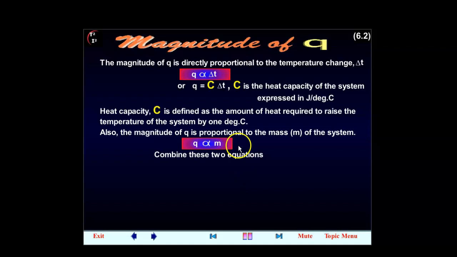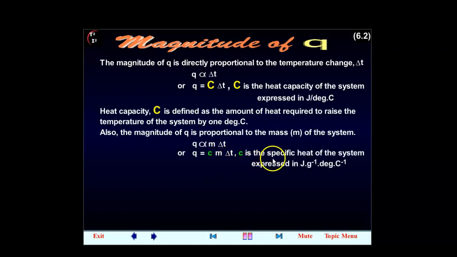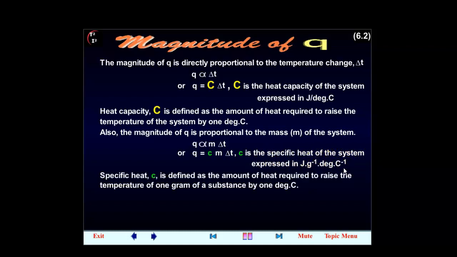Combine these two equations. Q is proportional to mass times delta T, or Q equals C times mass times delta T. C is the specific heat of the system, expressed in joules per gram per degree Celsius.